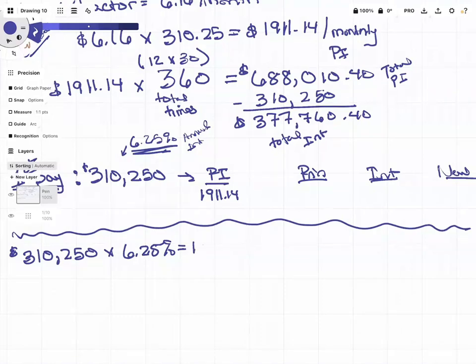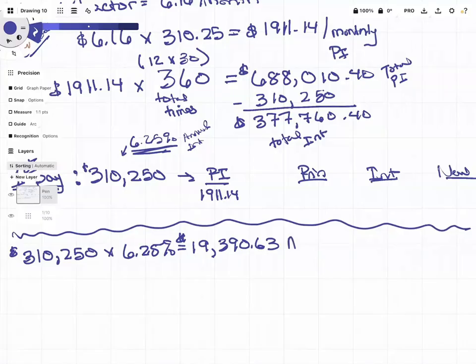Did I put this in here wrong? I think I put it in wrong. I got 19,390.63. But look, I'm always putting a number in the calculator wrong. Okay, yeah, I put mine in wrong. Yours looks more accurate. 19,390.63. Yep.